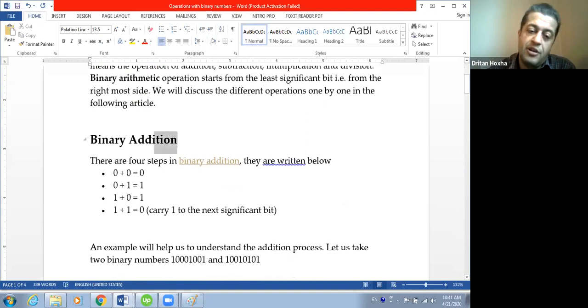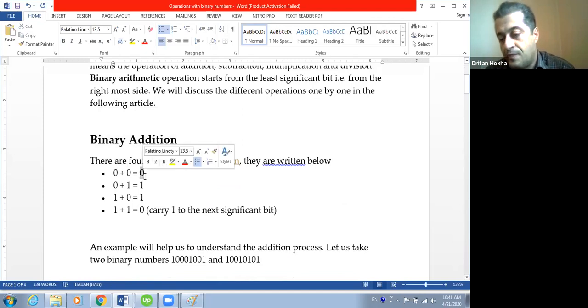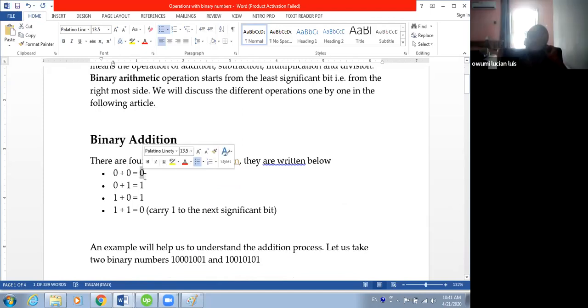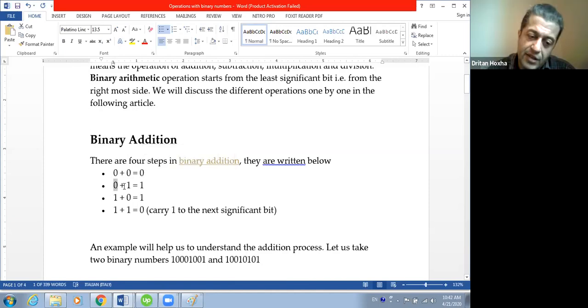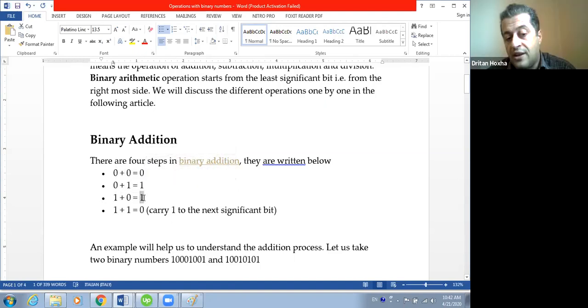In the binary addition, there are 4 rules. They are written below. If we have 0 plus 0, the result will be 0. It is clear. If we have 0 plus 1, the result will be 1. But if we have 1 plus 0, we will have 1 again.